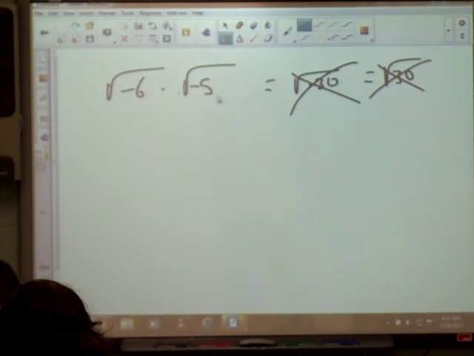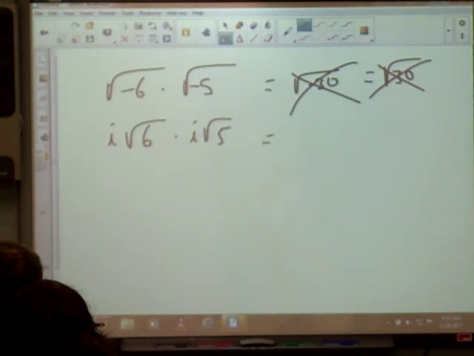What we have to do when we're multiplying is take the i out first. So this would be i square root of 6, and this one would be i square root of 5. Now I know 6 times 5 is going to be the square root of 30, but what about the i's?